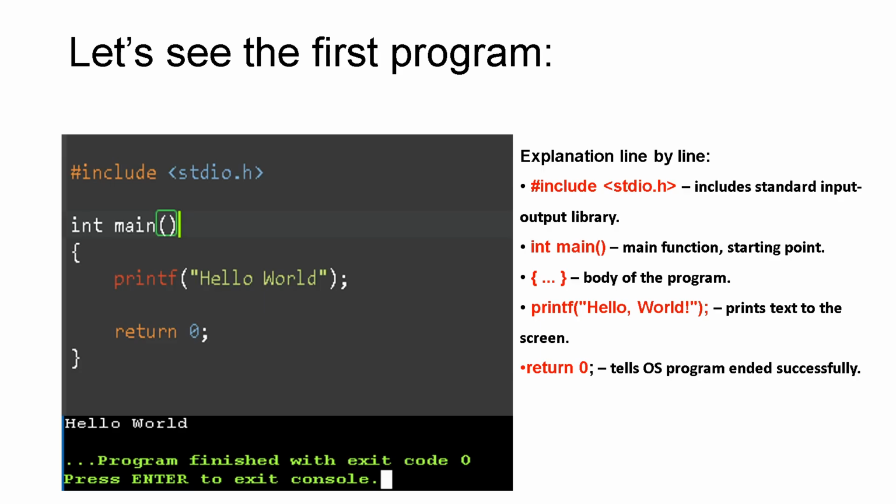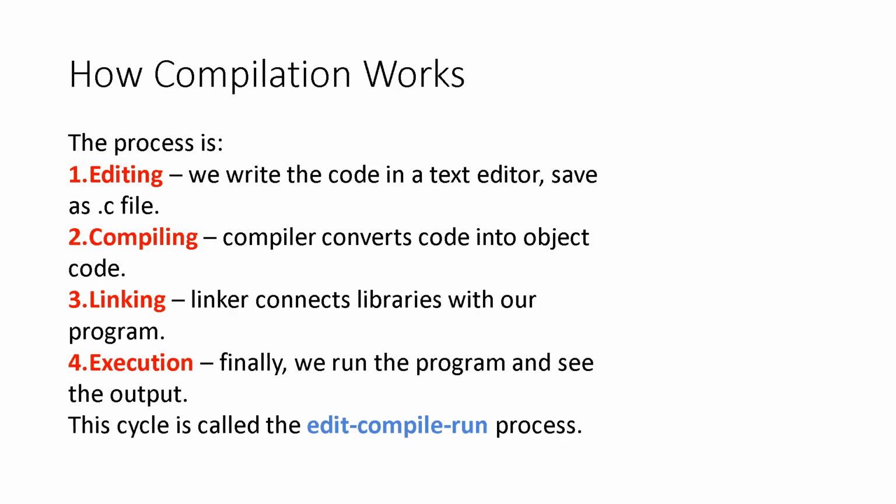Now that we have seen our first program, let's understand how a C program is executed. The process follows 4 main steps. Editing. We write the source code in a text editor and save it with a .c extension, for example, hello.c. Compiling. The compiler translates the human-readable source code into object code.